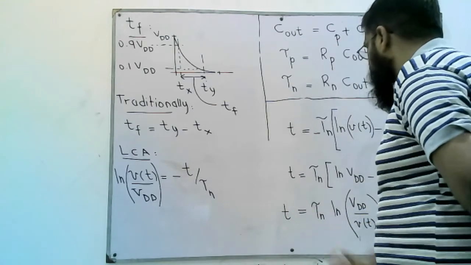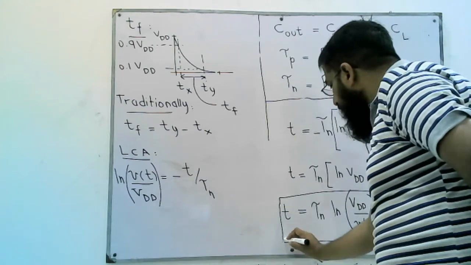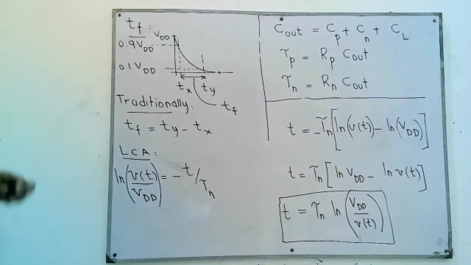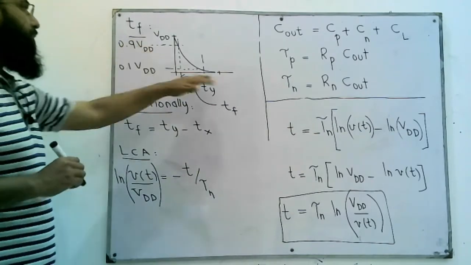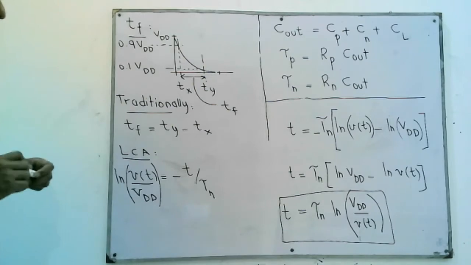So this is a general expression for t for this curve, which is of the shape of a decreasing exponential. Right, so this is t, small t.